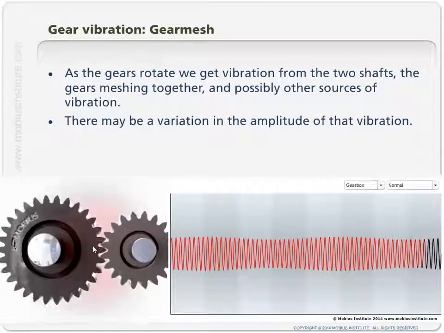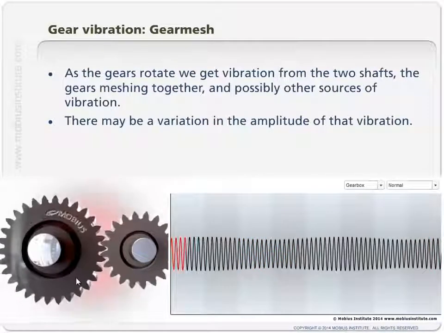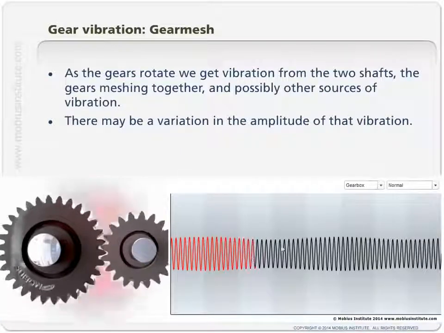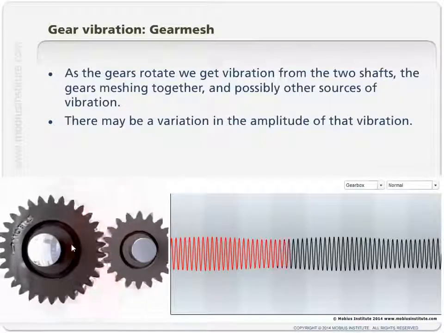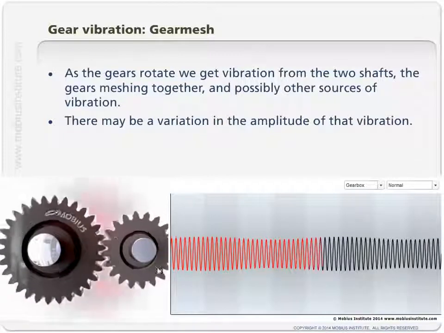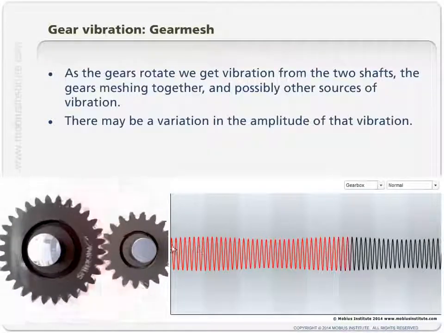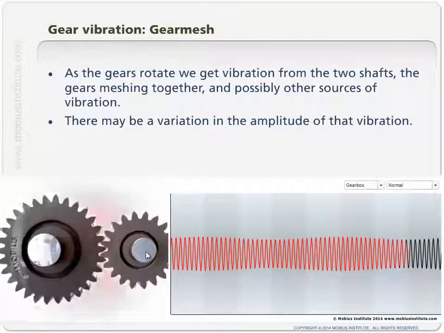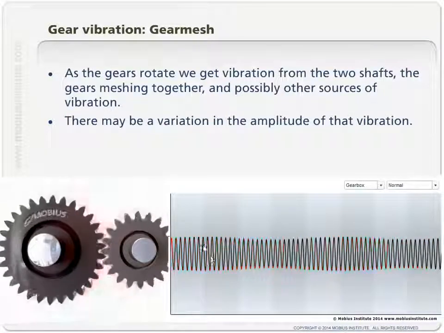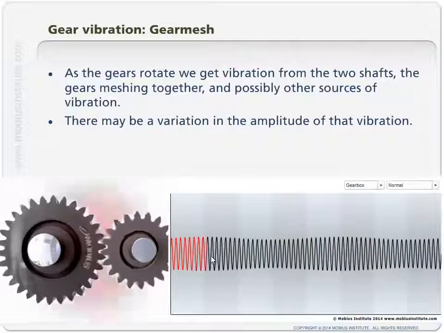As I mentioned, if there were 31 teeth here, then I'm going to get 31 of these cycles per rotation of this shaft. And if there were 19 teeth here, then it's actually 19 cycles per rotation of this shaft.